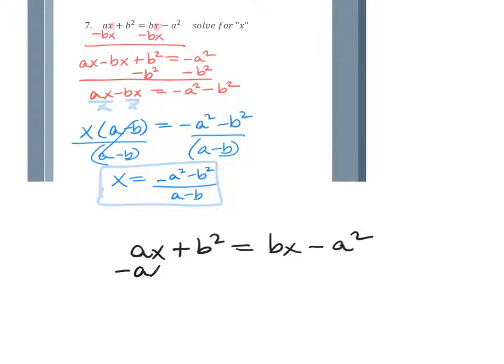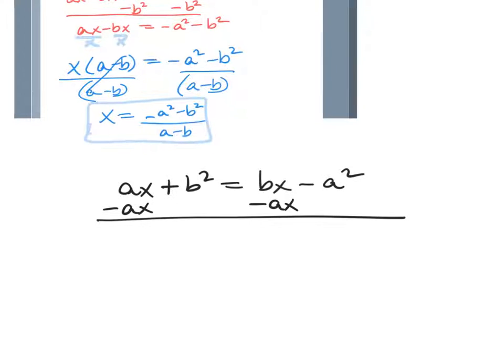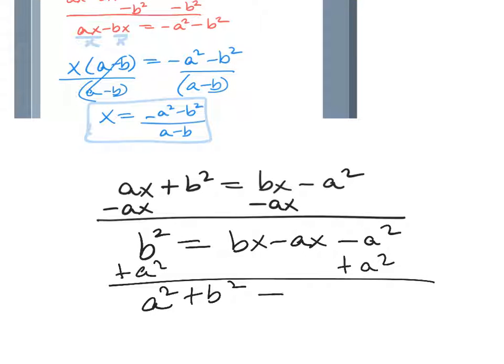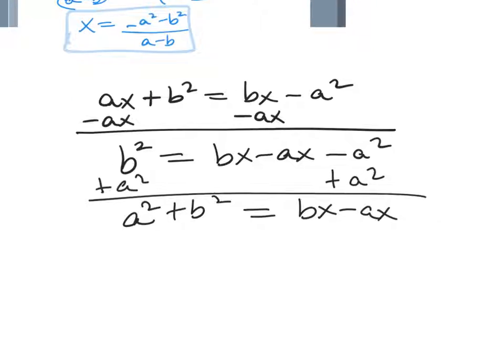So let's say I move the ax over this way. Then I'm left with b squared, bx minus ax minus a squared. Add the a squared. And then I get a squared plus b squared equals bx minus ax.